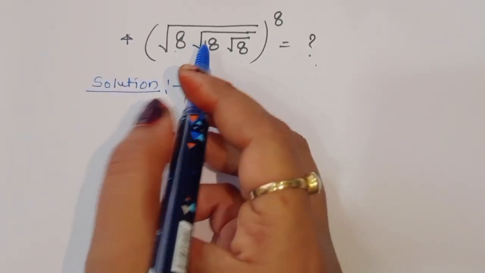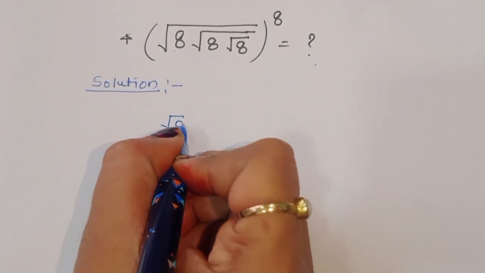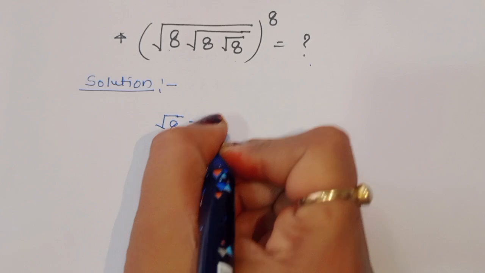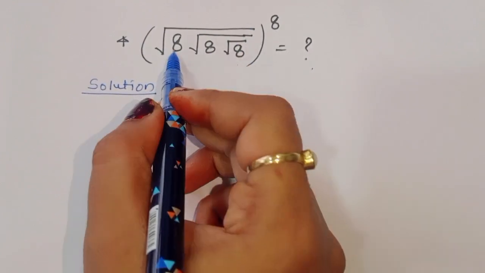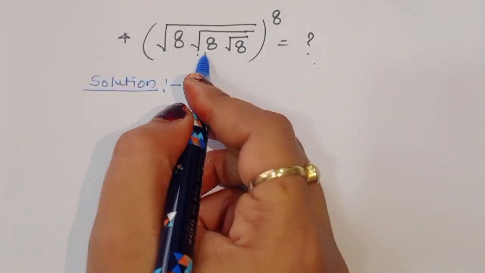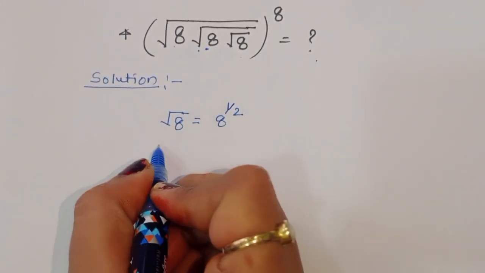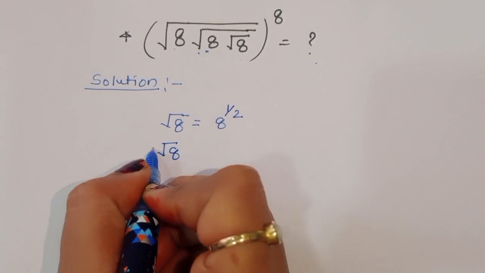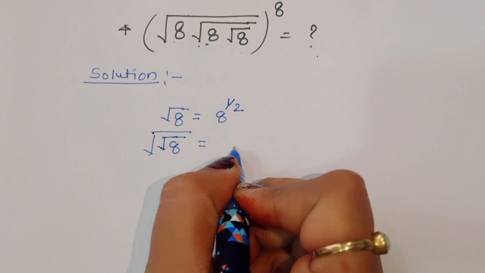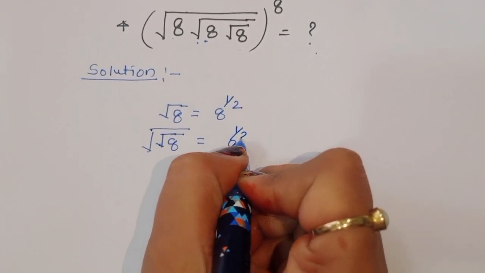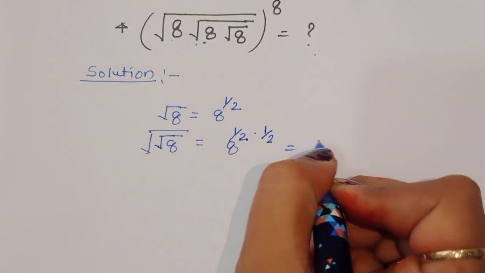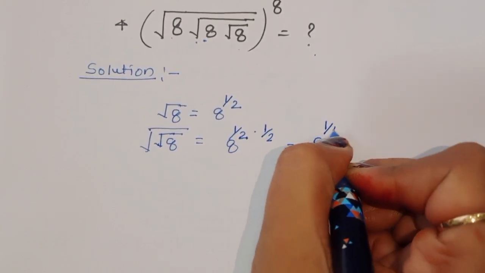You can see the square root of 8. Square root of 8 is equal to 8 power 1 by 2, right? Then we have a double square root of 8, so it is 1 by 2 and here 1 by 2. So 8 power 1 by 2 times 1 by 2 is 8 power 1 by 4.